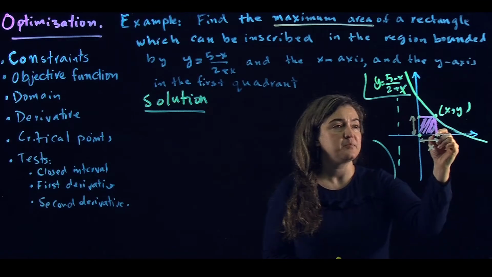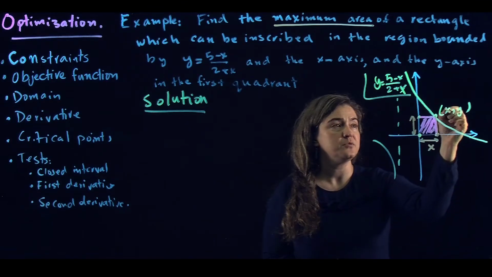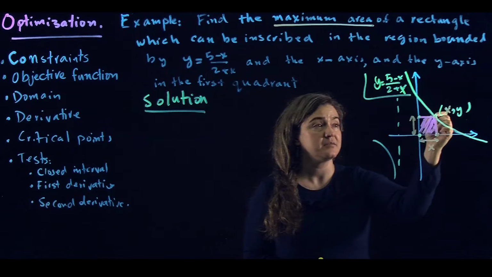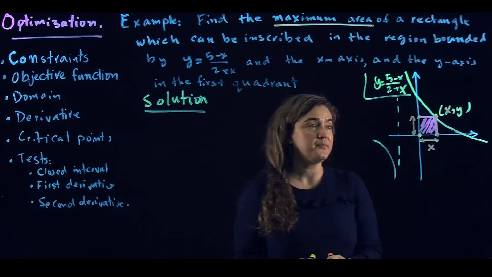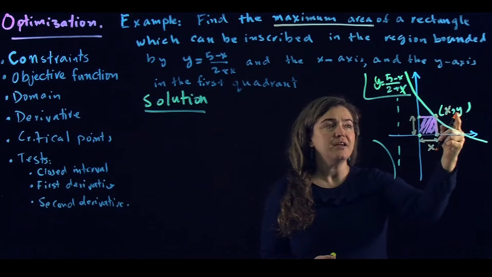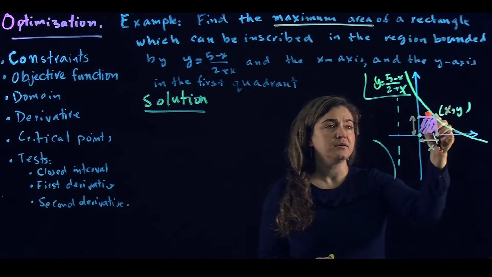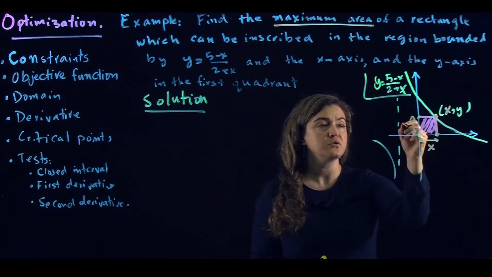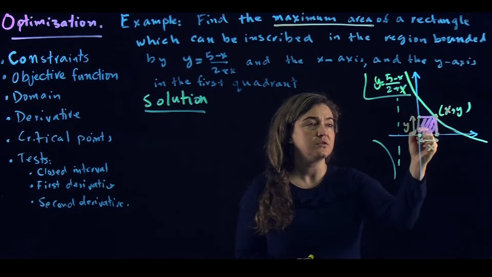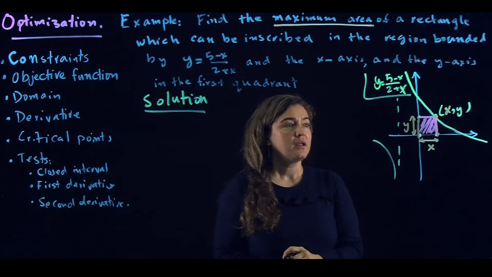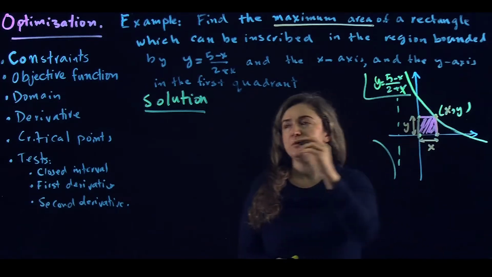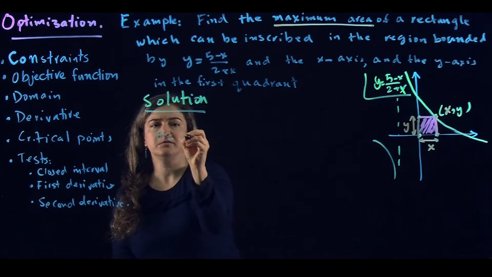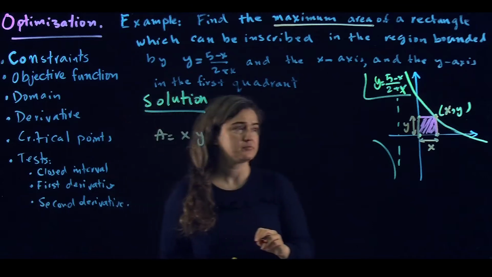Incidentally, this x, because this is a rectangle, is going to be the same as the x value for that point that is sitting on the curve. The y value for that point on the curve is going to be also this y value. The area is going to be A equal to x times y.